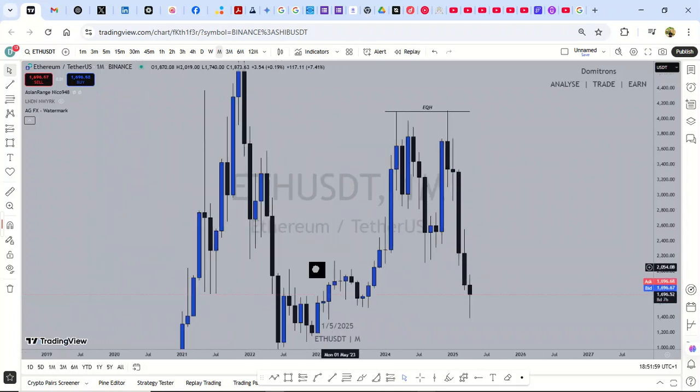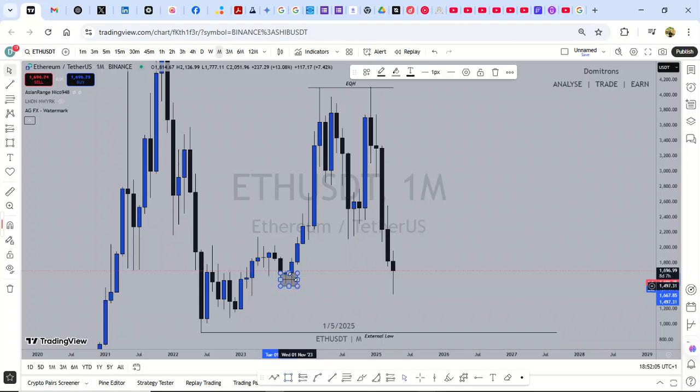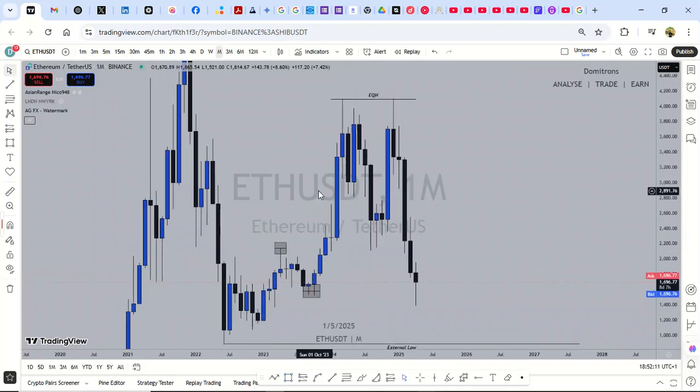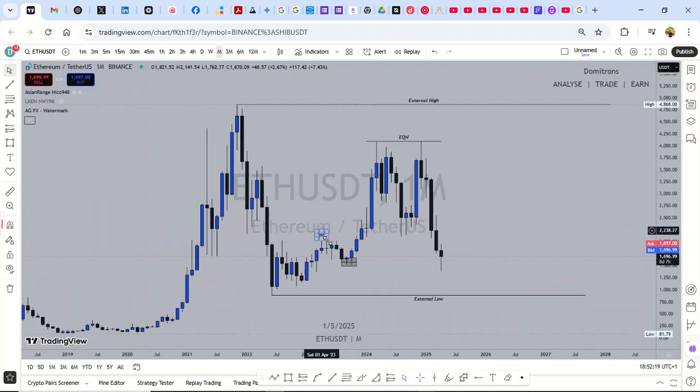So now looking at this is my low, this is my high. These are internal structure, alright, internal liquidity. Okay, so that is my high, that is my low.